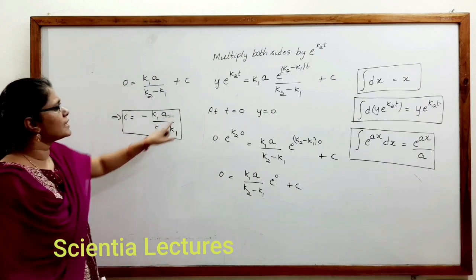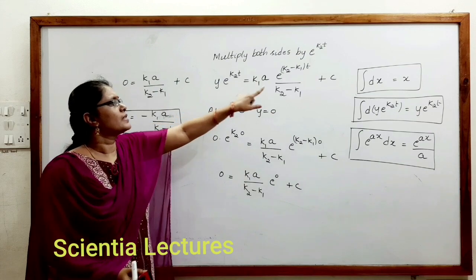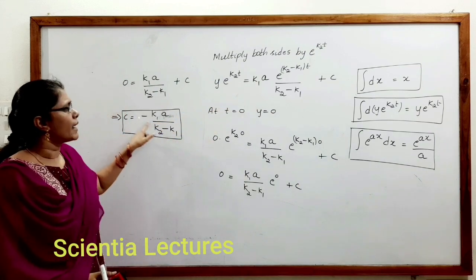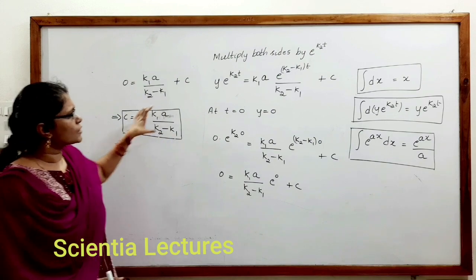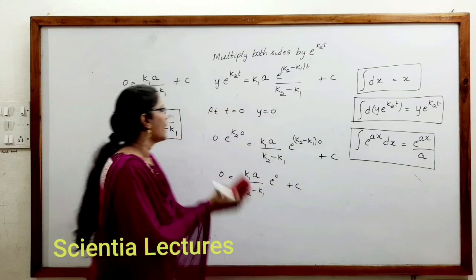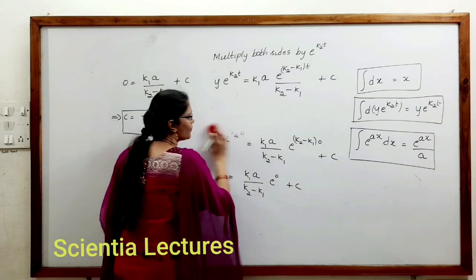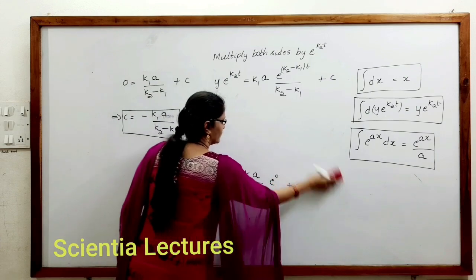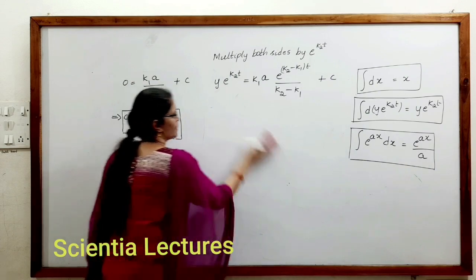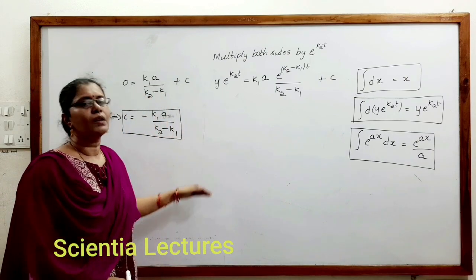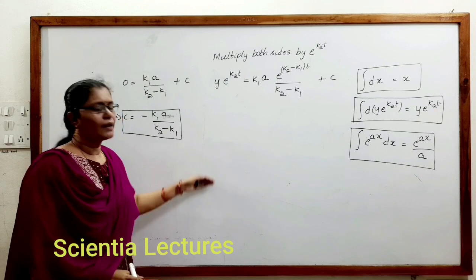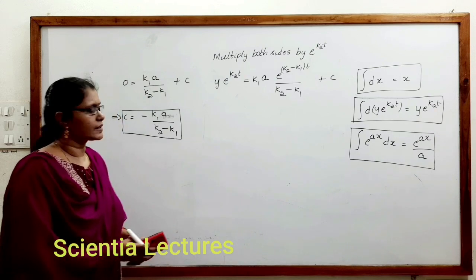Let us substitute this in this equation instead of c, which is minus k1 a by (k2 minus k1), and see what equation we will get. So every time you have to neatly note down every derivation and then come to the next step.